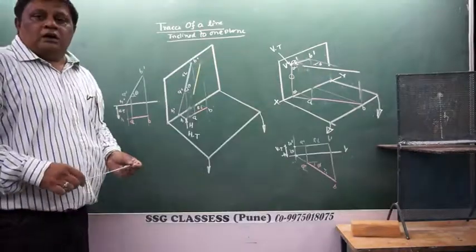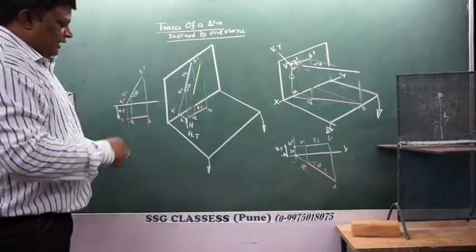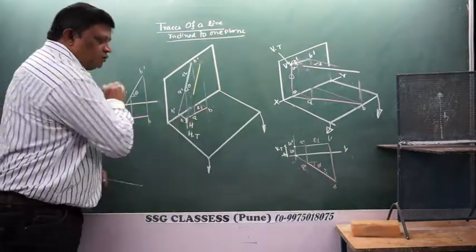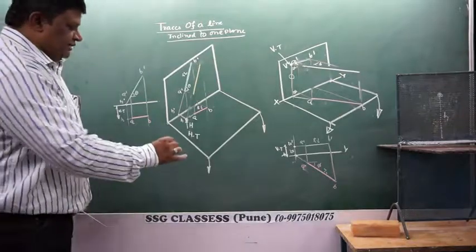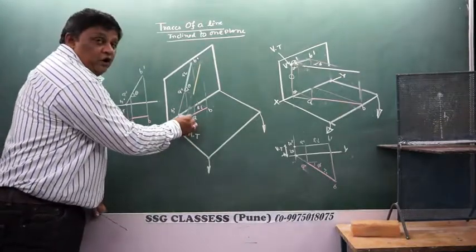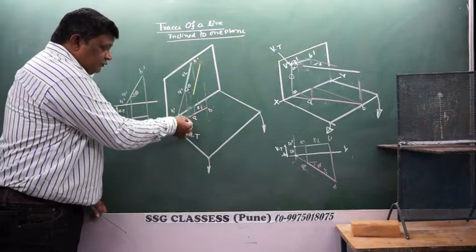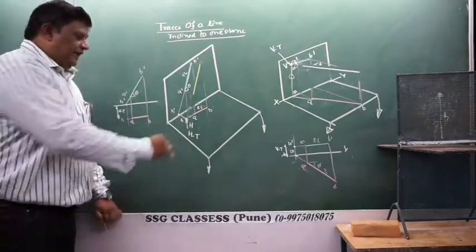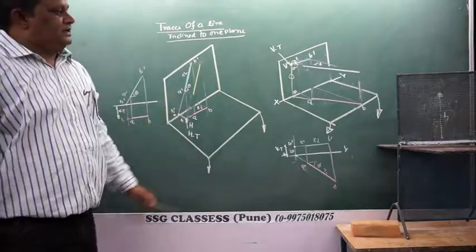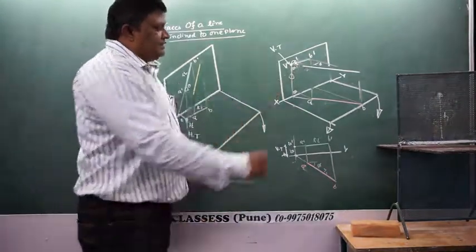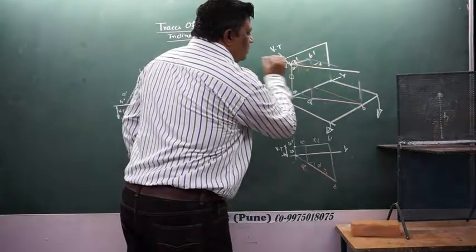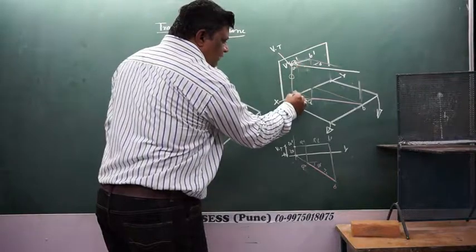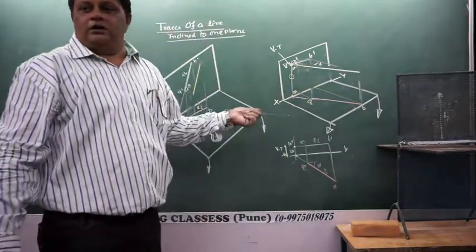Clear? Now as I can see, HT is coming on the horizontal plane. HT, which is a point, is on the horizontal plane. Hence its front view will always be on the XY line, given as H dash. Whereas the vertical trace is coming on the vertical plane, hence the top view of this will always be on the XY line.